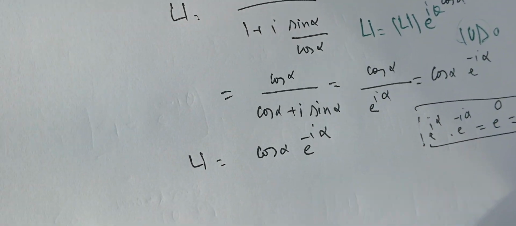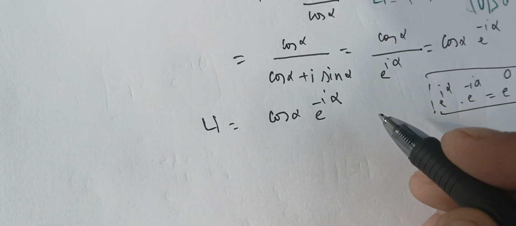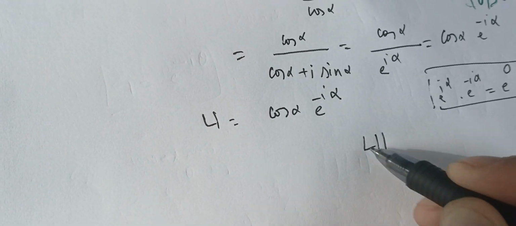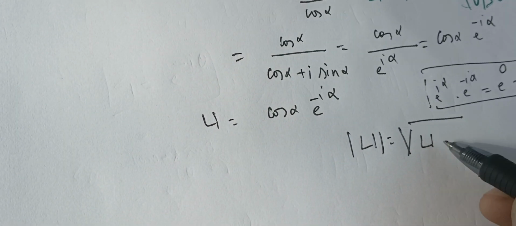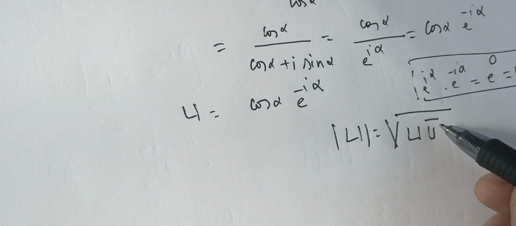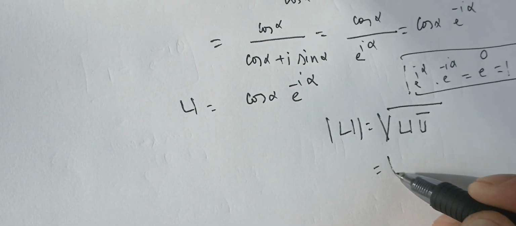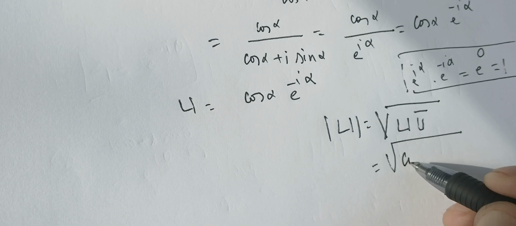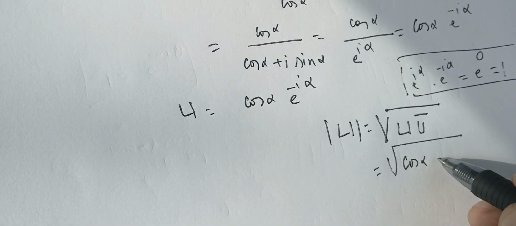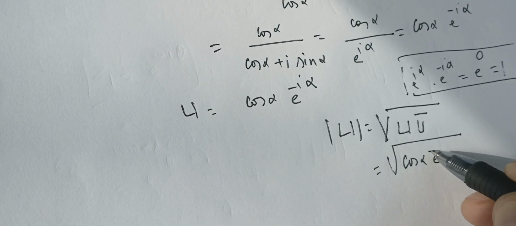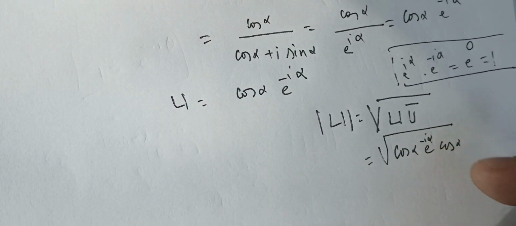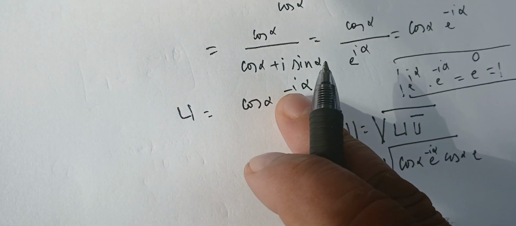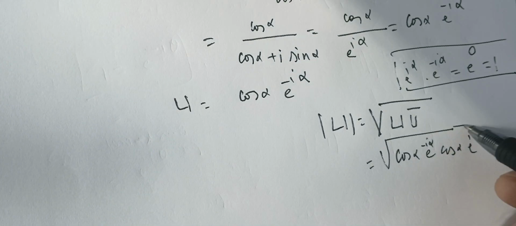Using the definition that the norm of u is the square root of u times u bar, this gives us cosine alpha e to minus i alpha times cosine alpha, which is a real number and is its own conjugate, and the conjugate of e to minus i alpha is e to i alpha.